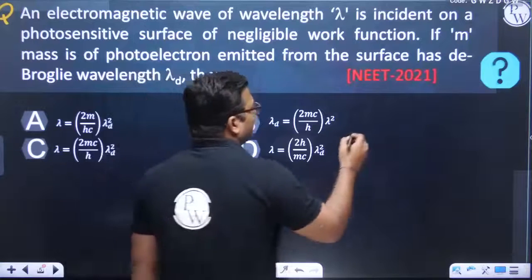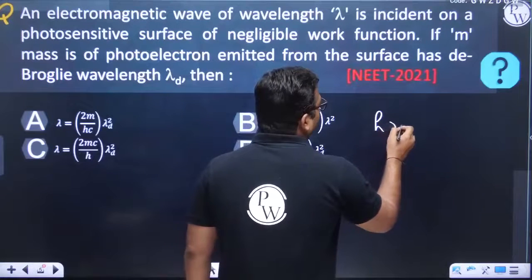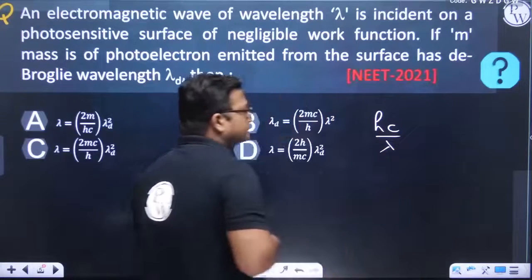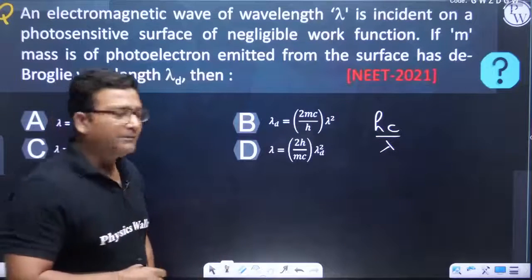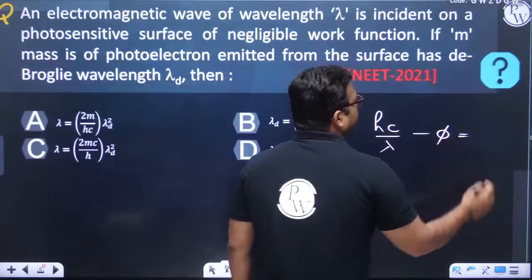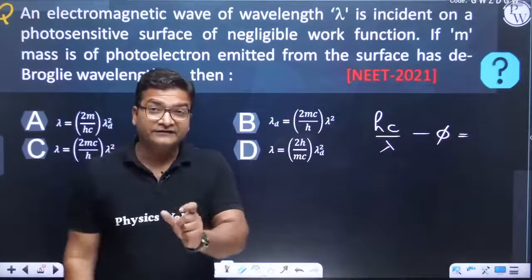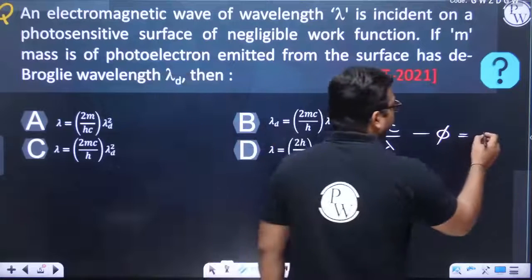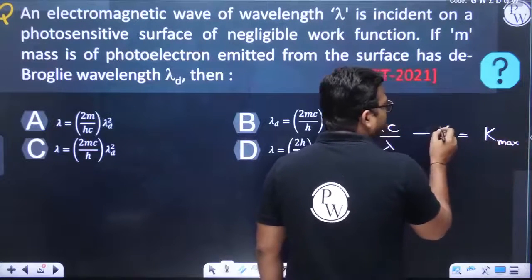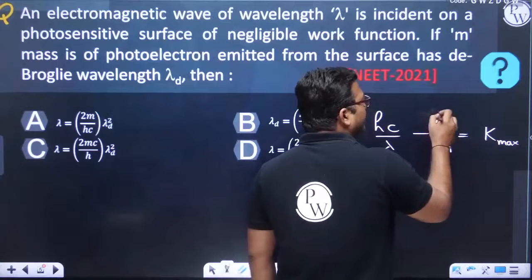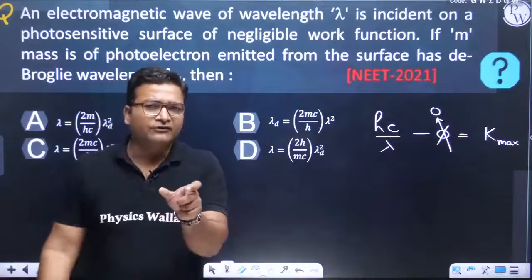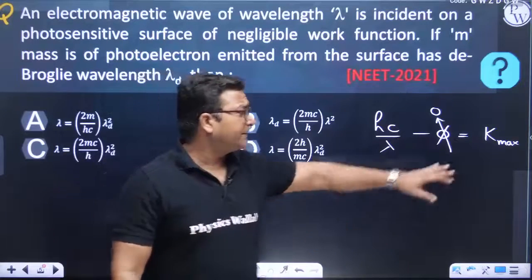It says the energy of photon is hc by lambda, and hc by lambda minus the work function is the kinetic energy of the fastest electron, so we can write it as K max. But as the work function is negligible, we can ignore it and take its value to be almost zero.